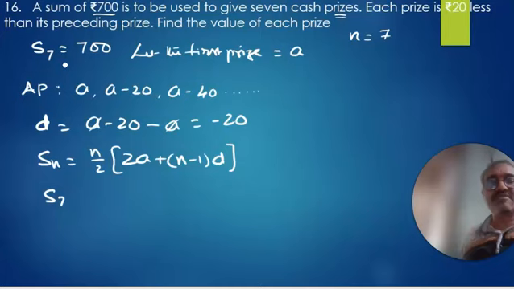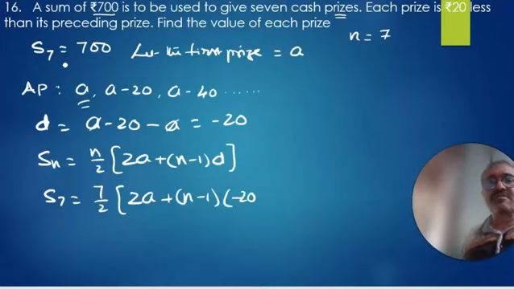So S7 is equal to 7 by 2 into 2a plus n minus 1 into d, d is minus 20.